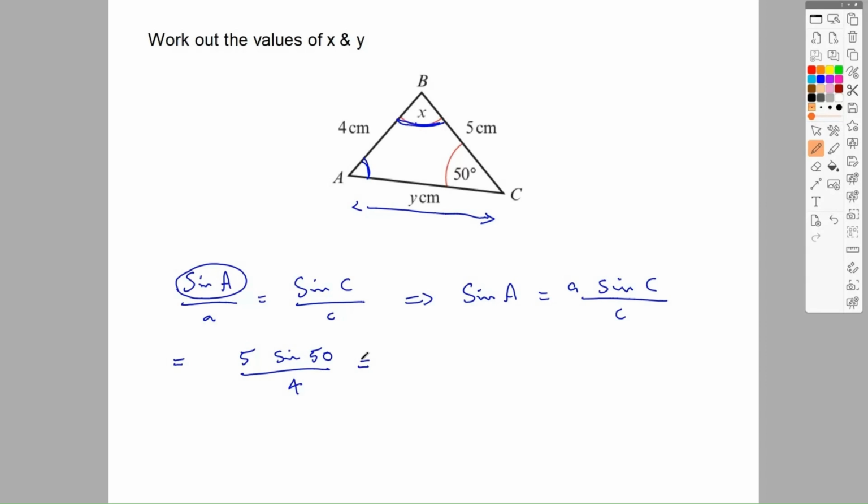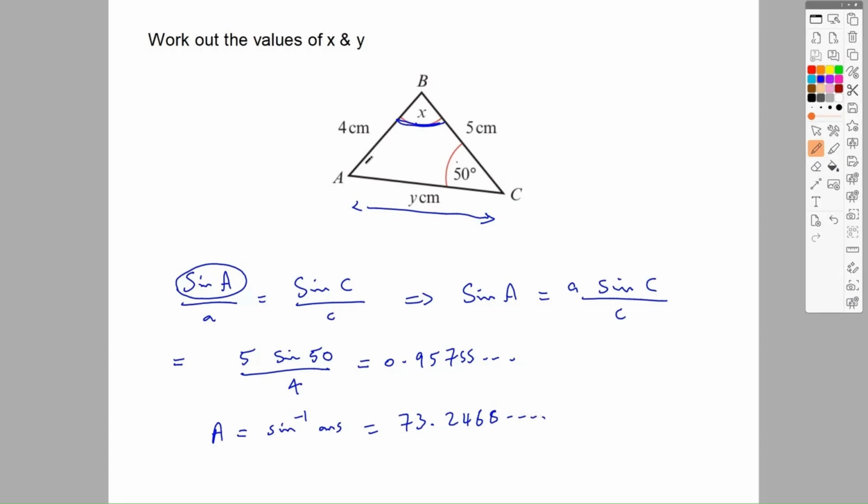So this is equal to 5 sine 50 over 4, and we will get 0.9575 and so on. So A equals sine inverse of the answer, 73.2468 and so on, and we'll leave it there.